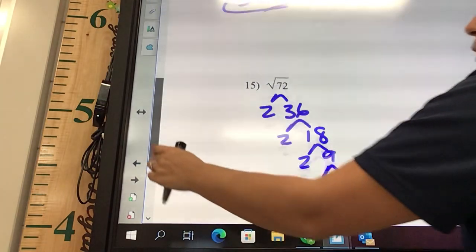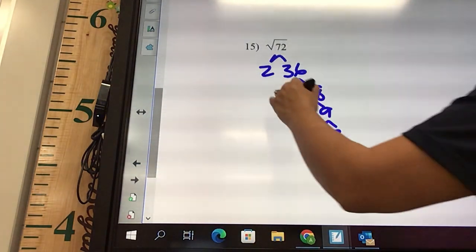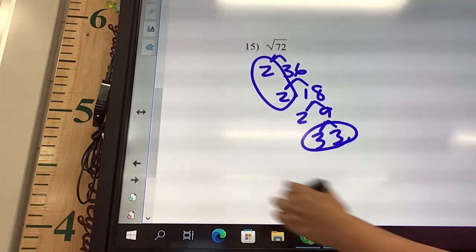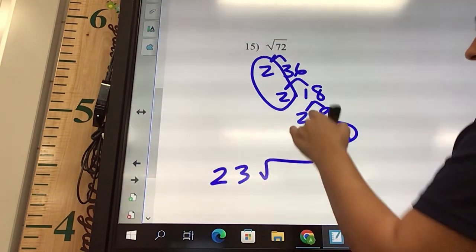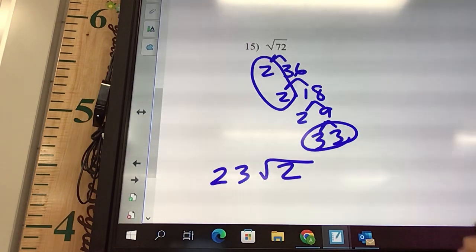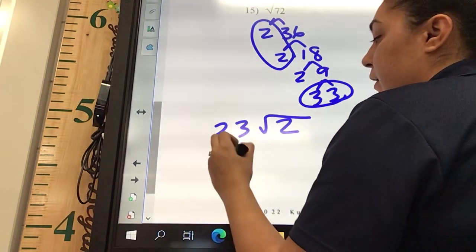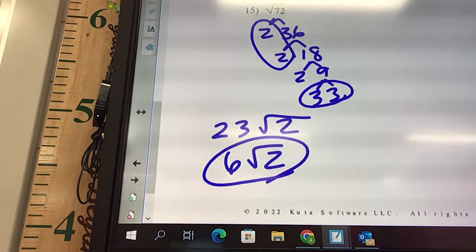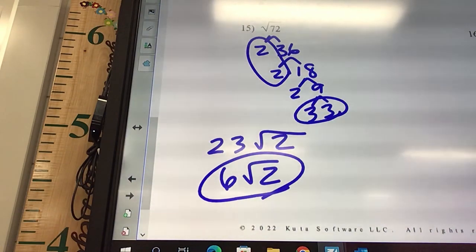Okay, so we're going to do our matchies. We're taking in groups of 2, so these guys can go, and we got a group of 3s. So we're going to get a 2, 3 on the outside, and I have 1, 2 that cannot go. Same thing as always, you're going to multiply those, so 2 times 3 is 6, square root of 2. I got 2 left.